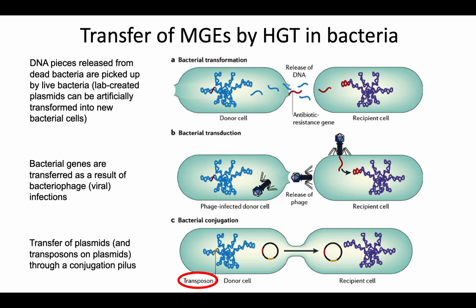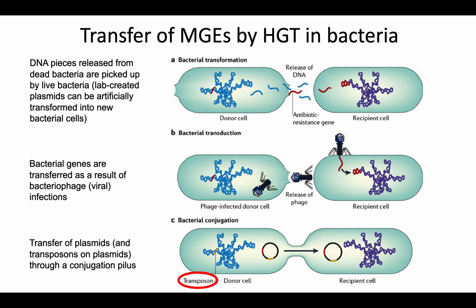Now, another type of gene transfer is called transduction, which is B, the middle diagram there. In this case, we have bacterial genes that are picked up by a virus. So we have a bacteriophage that has infected the donor cell, and once it has penetrated and entered the donor's bacterial cell, it will make more of itself and then assemble itself.